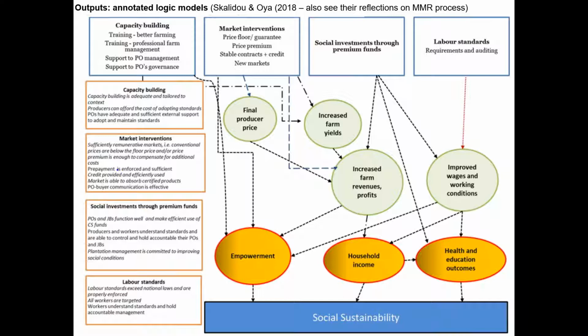All the other lines are suggesting no effect or inconclusive effects. But the important thing that's added by the qualitative literature here is the boxes on the left, which are the barriers and facilitators to implementation. And I can't go into too much detail here, but you can follow it up. They're in the middle. One of the facilitators they have from the qualitative literature about market interventions is that prepayment has to be enforced and sufficient. And they know that that isn't the case quite often from qualitative literature.